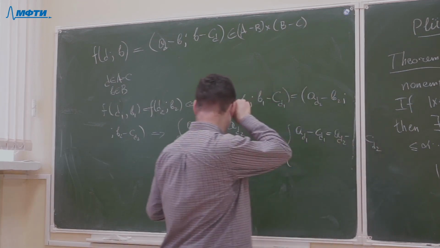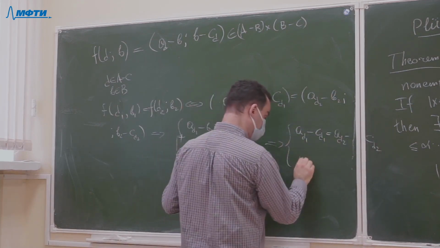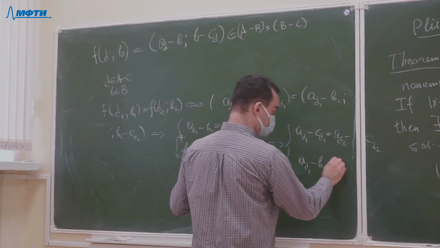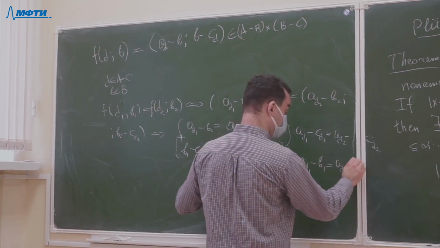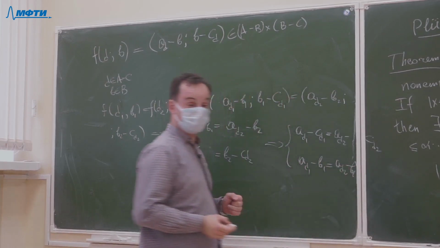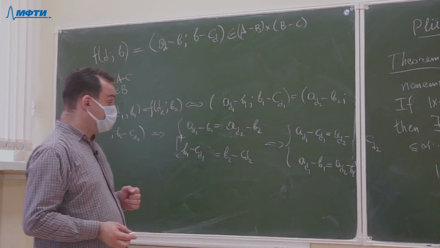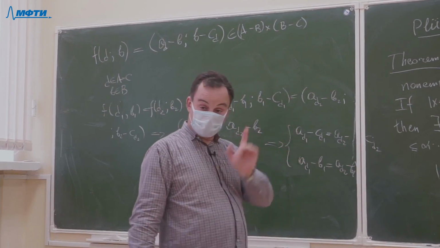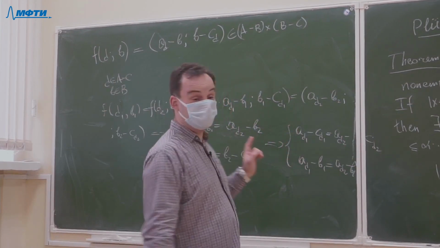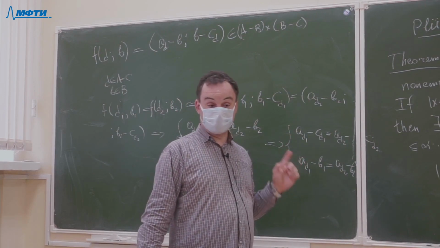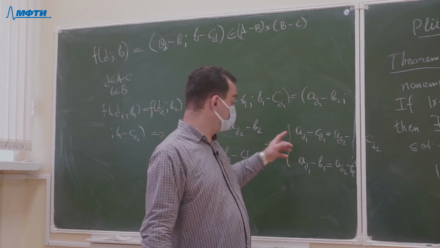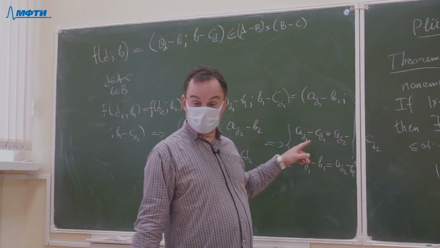Well, a d1 minus b1 equals a d2 minus b2, right? From this follows, remember we fixed one representation for each element. So if these representations are equal, then they represent one element.